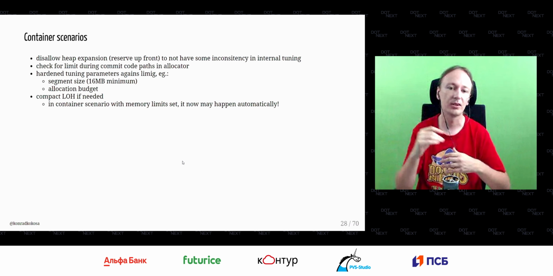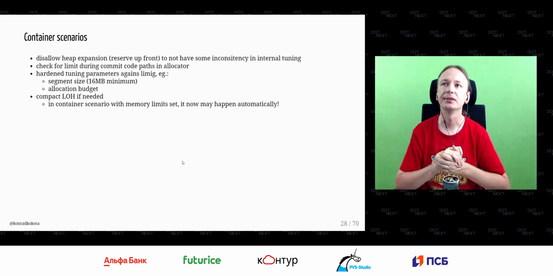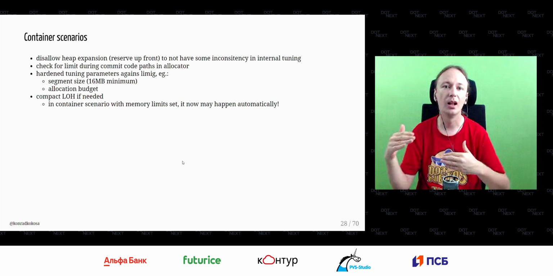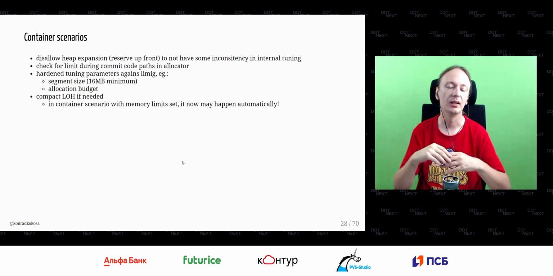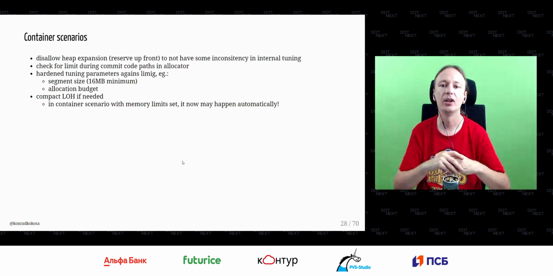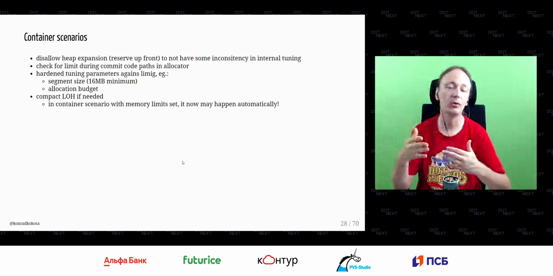And there is a set of such changes. For example, algorithms have been improved to make the GC more aggressive and to take those limits into consideration in more paths. Like, for example, this check is now included when you are committing some memory in the allocator, and so on and so on. When we are reserving also, the GC is more and more concerned about those limits.